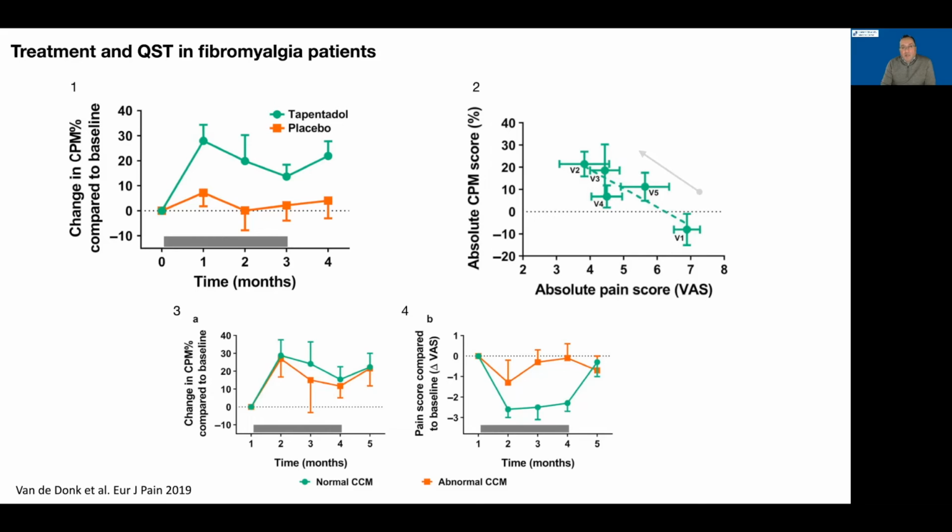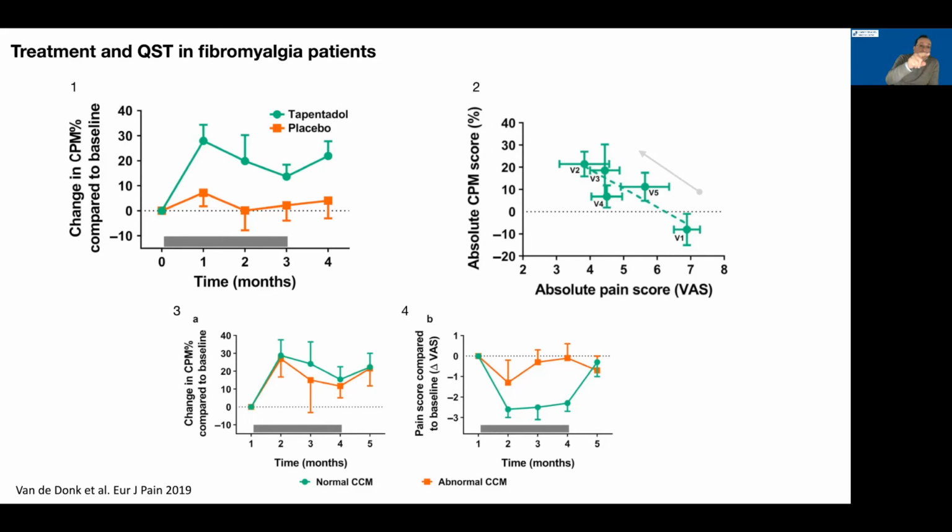It's an agonist at the mu receptor, although with an affinity about 50 times less than that of morphine. But this is most important, it is a norepinephrine or noradrenaline reuptake inhibitor. So it enhances the concept of endogenous pain modulation.